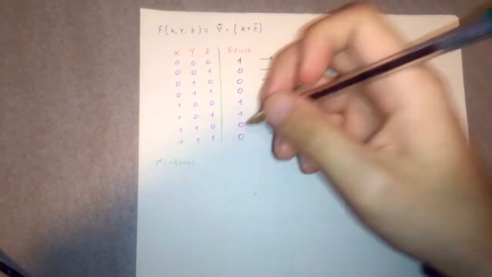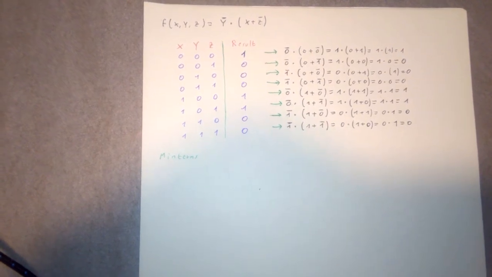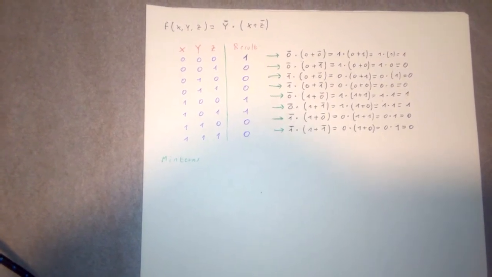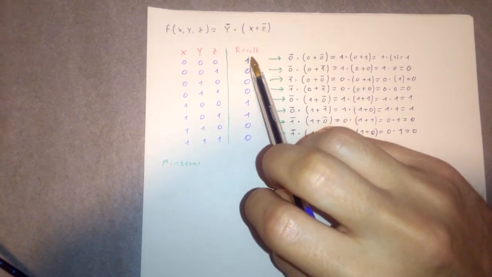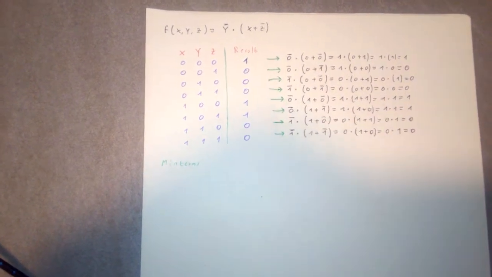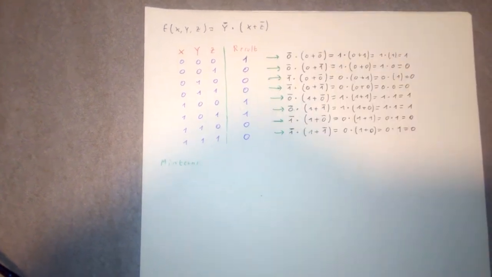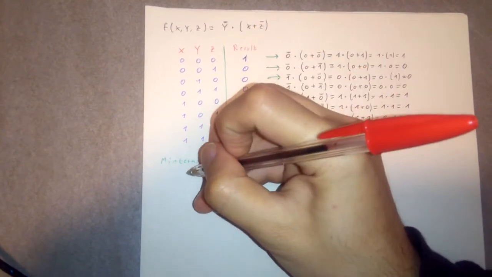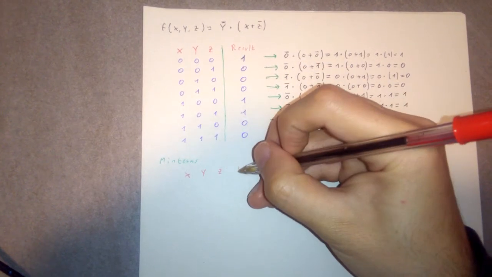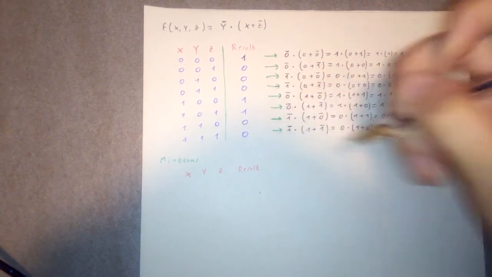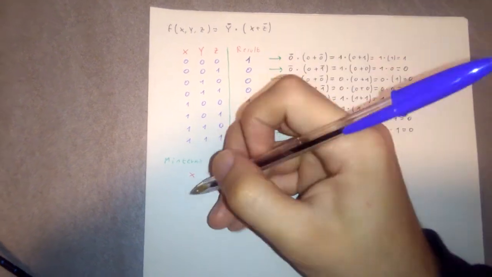So the Minterms: when we look at the Minterms, we're basically going to look at those which have the result of 1. So I'm just going to write the truth table back real quick.